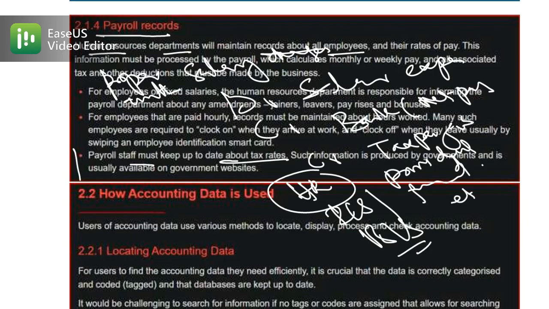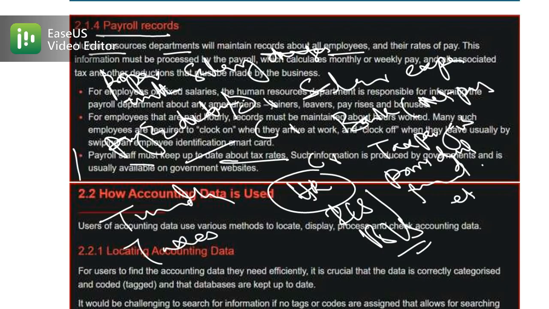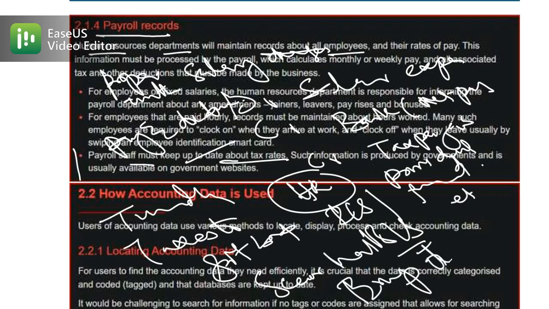They are also looking for the correct calculation of pay and deductions, the timely payment of your taxes to government bodies, and the secure handling of employee data. So this is very sensitive information. That is why auditors are very concerned about it. Any errors or delay can lead to penalties, employee dissatisfaction, and reputational damage.